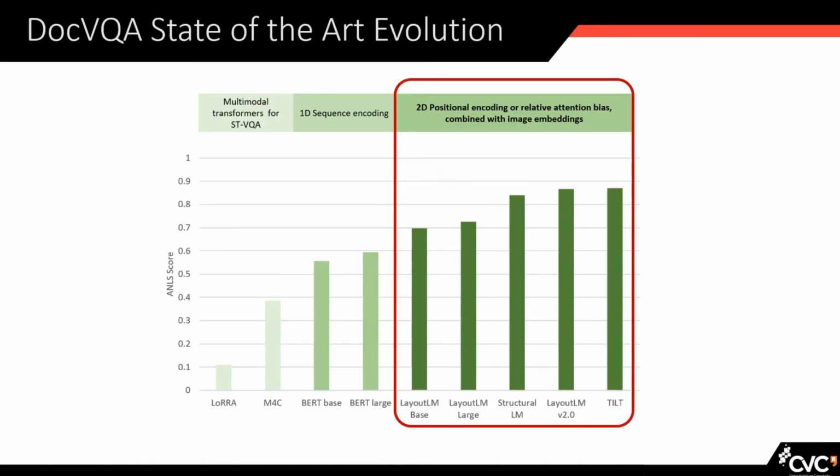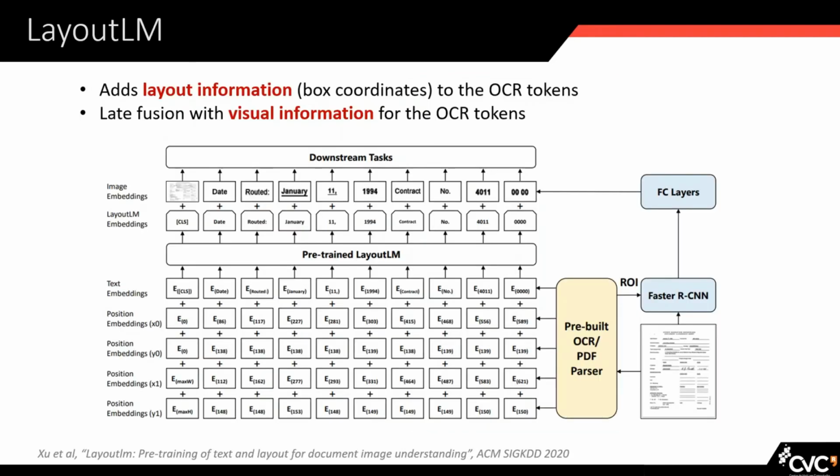For this, there are the two-dimensional position encoding or relative attention bias methods that combine with image features, which are quite more interesting. The first one, LayoutLM, uses a BERT architecture as a backbone. However, it adds two new input embeddings. From a document, they run a pre-built OCR.